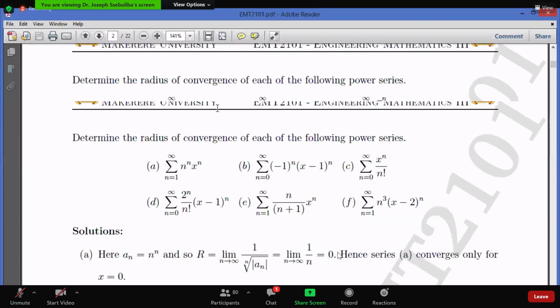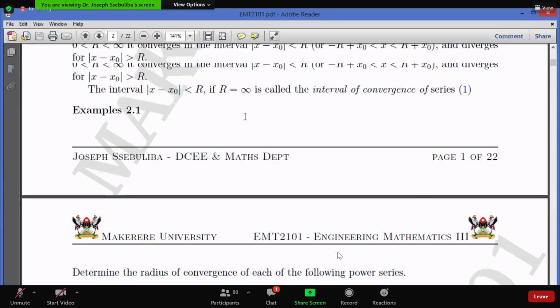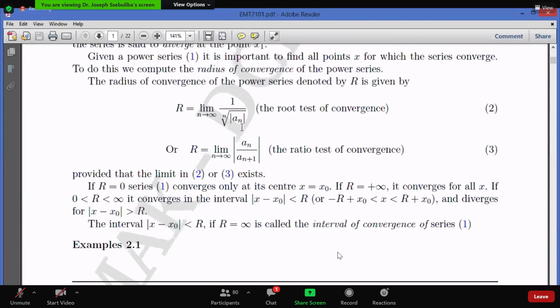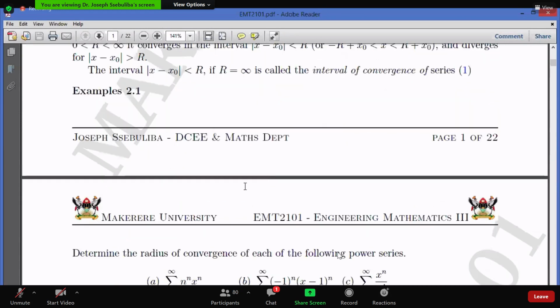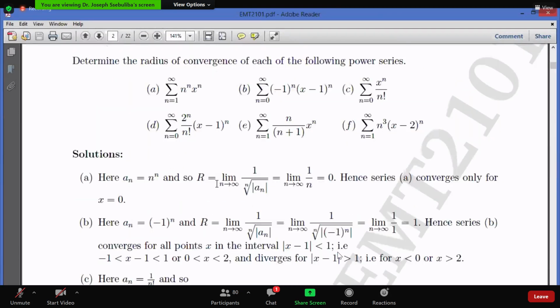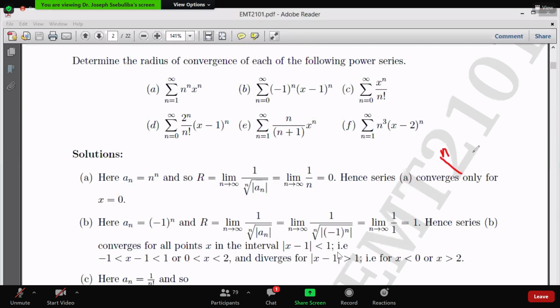Remember, we said it will be the limit as n approaches infinity of 1 over the nth root of an. But now it will be the nth root. Our an is n to the n, which will give us n. That is what we have here. That is r. It is the limit of that. Then if you have nth root of an, remember this is an. So what you have is the nth root of n to the n.